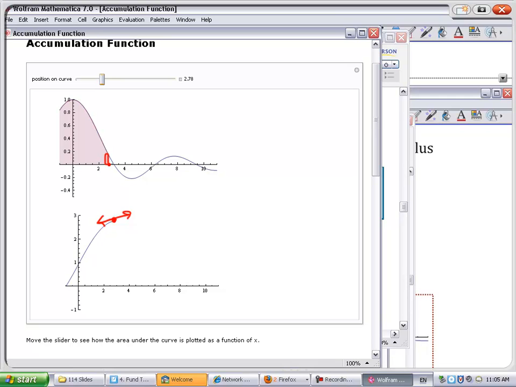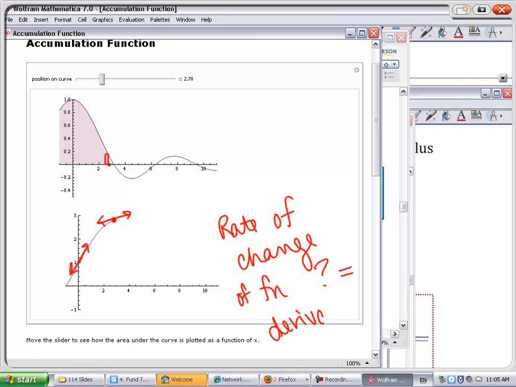So what's the rate of change of an area function? What does it mean to find the rate of change of a function? Well, exactly. That's exactly what the derivative tells you, right? The slope of the tangent line, the rate of change of the function.